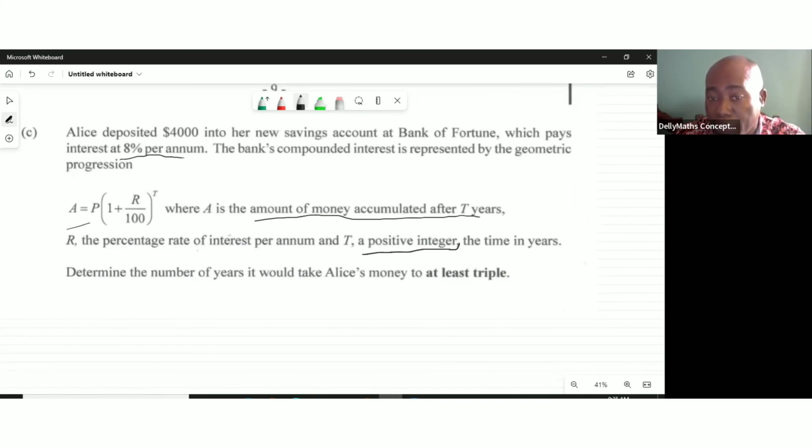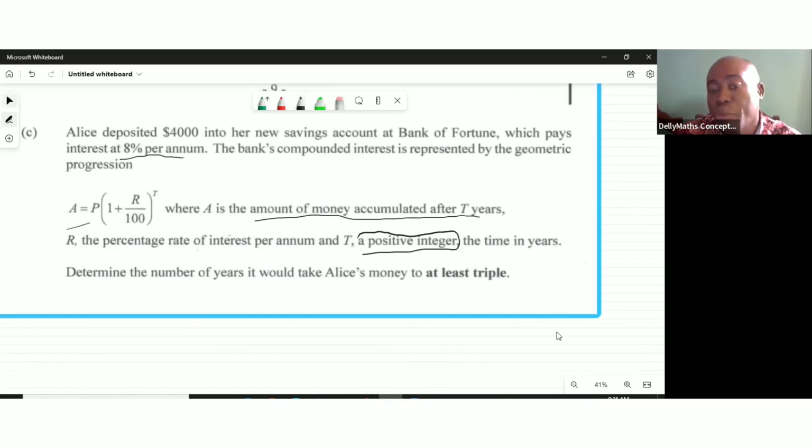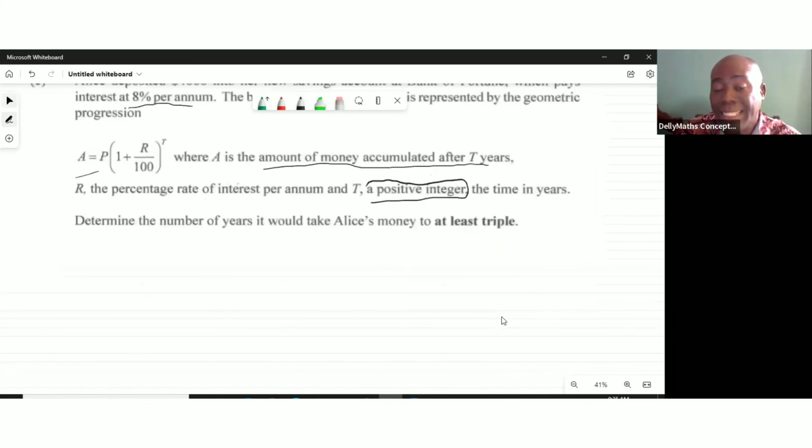Very importantly, T is a positive integer, the time in years, so we can't use any decimal or fraction at the end of the day. Determine the number of years it would take Alex to triple, at least triple, say triple or more. That means at least 12,000 or more.